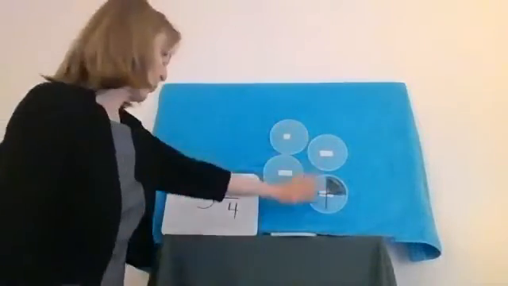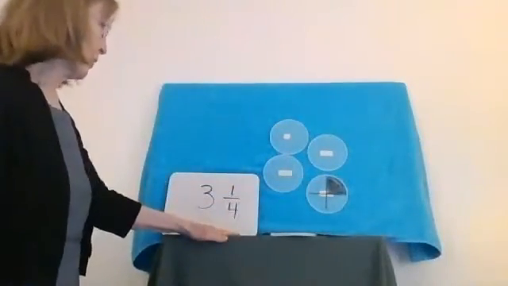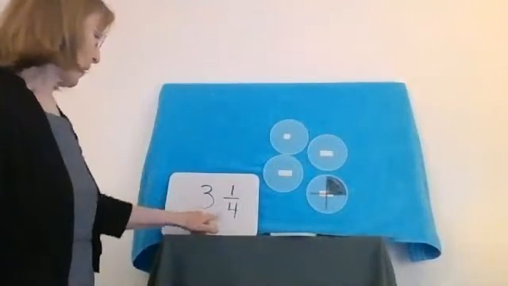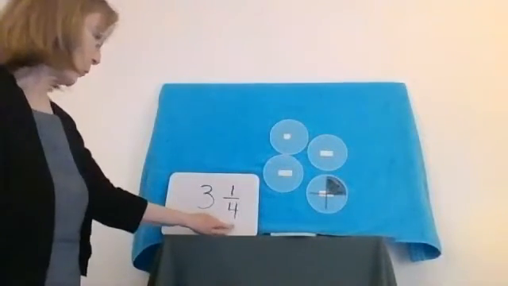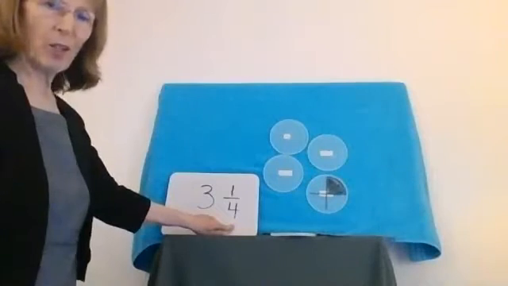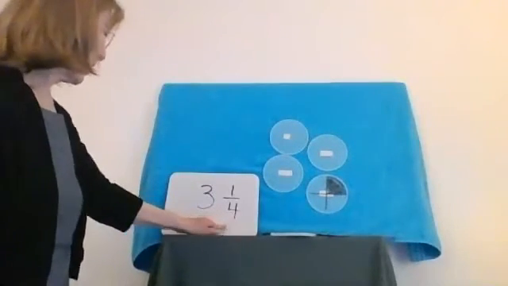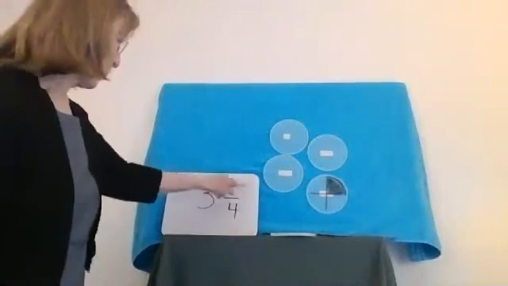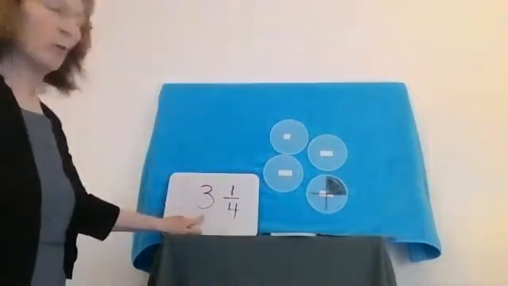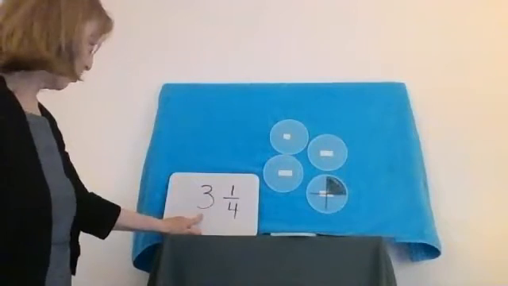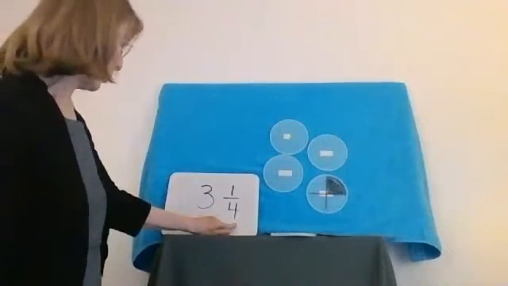So we're going to start with this. And it says 3 1/4, and that's how we write it when we see it on a piece of paper or sometimes on a test. We have only been doing the fraction by itself, but now we're going to do the whole number with the fraction.